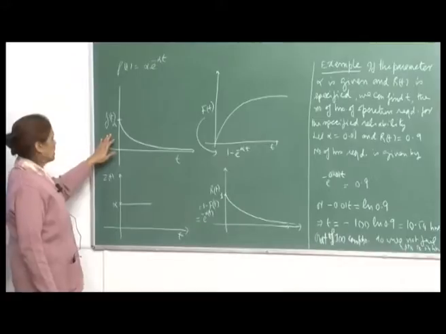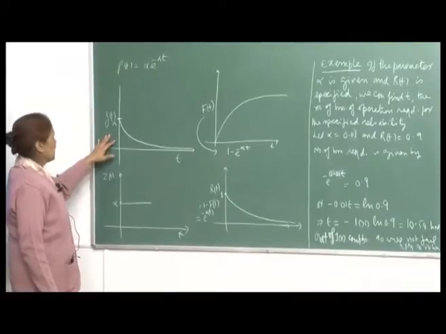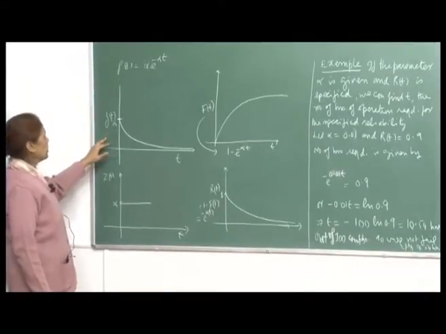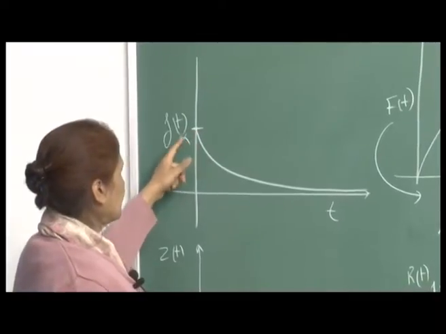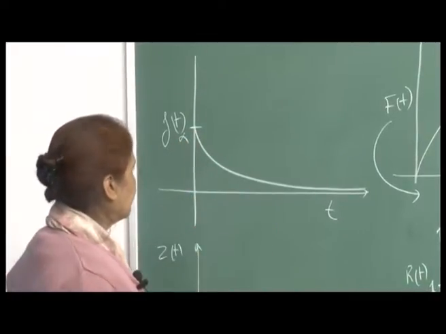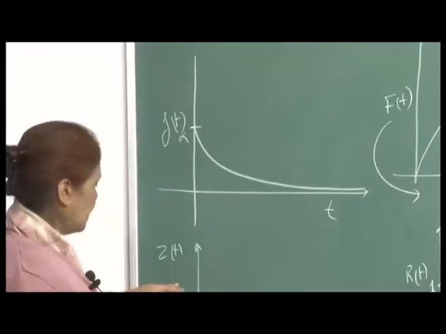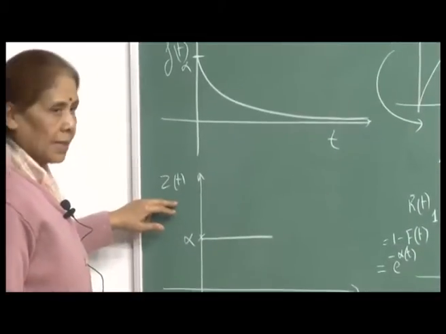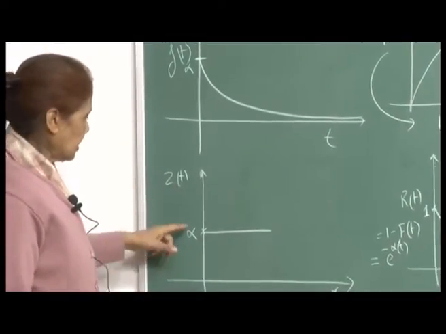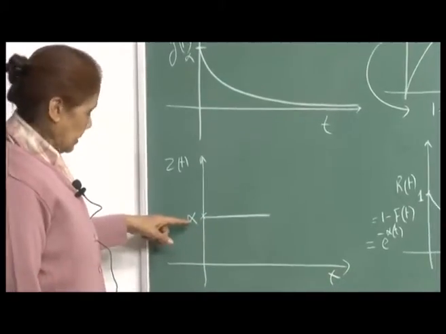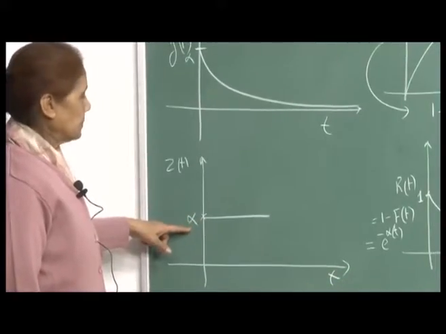So this is the graph for the PDF of an exponential failure law. At t equal to 0, it is equal to alpha, and then it goes down as t goes to infinity. Then the failure rate z(t), or the hazard function, is a constant, and the constant value is alpha.